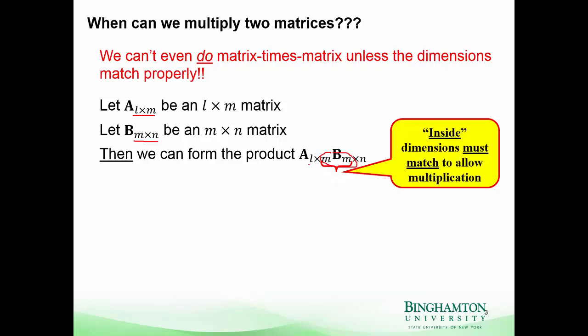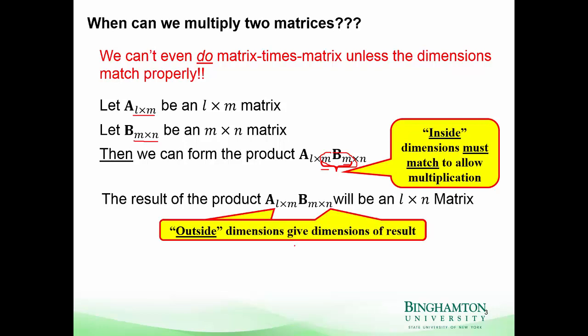So in other words, remember, this is row column. This is row column. So the number of columns of the first one has to be the same as the number of rows of the second one. But it's a little bit easier to just think inside dimensions must match. And then the result of the product, we haven't yet told you how to actually compute it, but before you can figure out what the numbers are, you kind of need to know what the size of the matrix that will result will be.